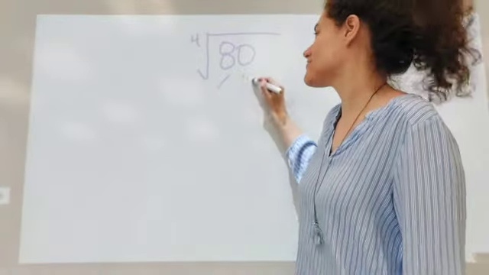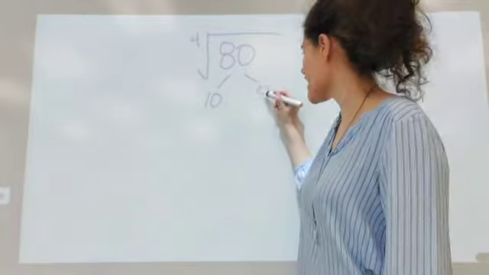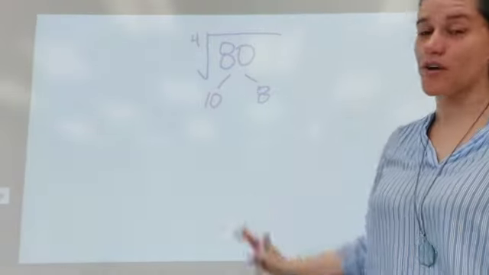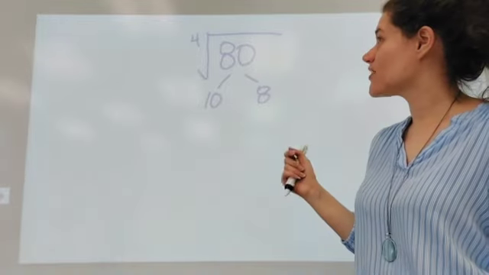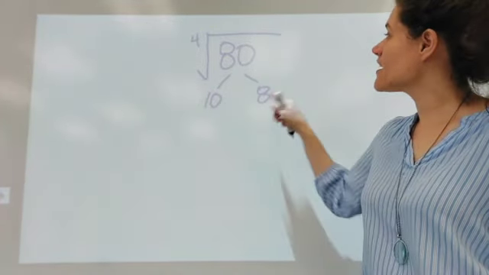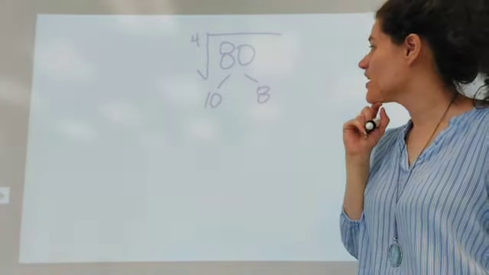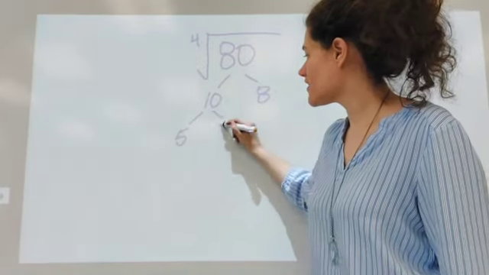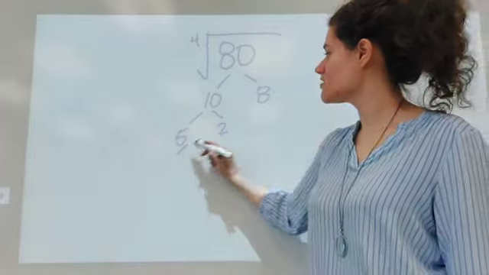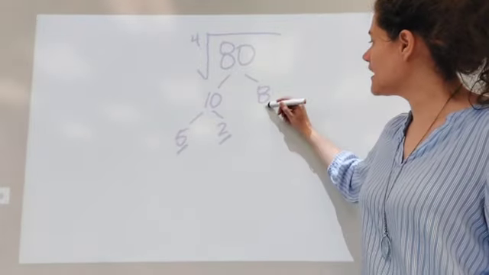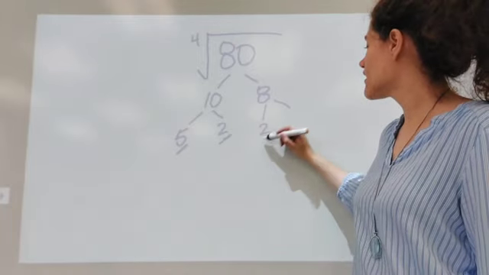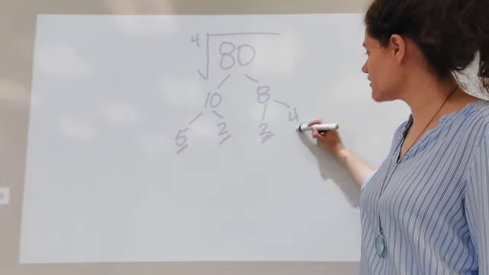Let's do 10. So 10 times 8 would give me 80. You can split this into whatever numbers you know, so that would be fine. 10 can be 5 and 2, so these are done. 8 can be 2 and 4.